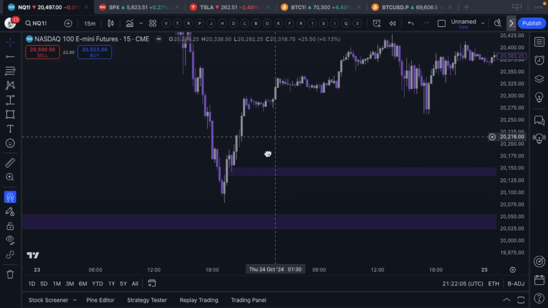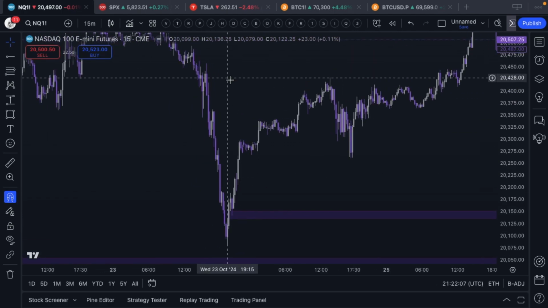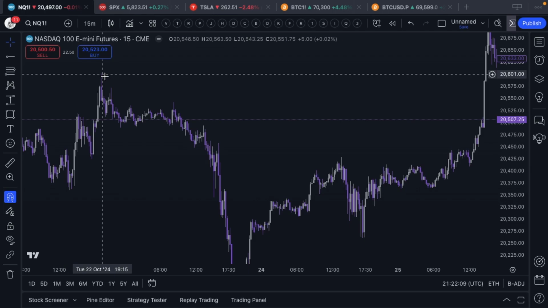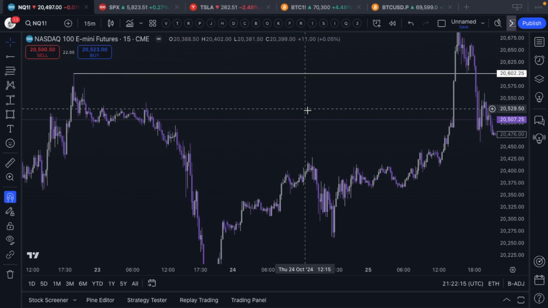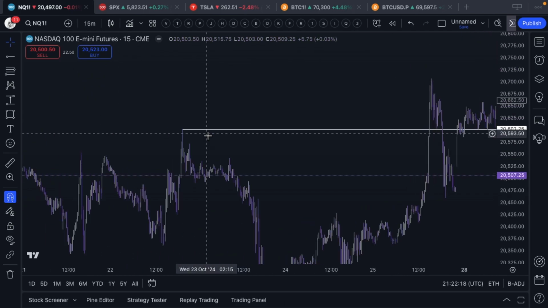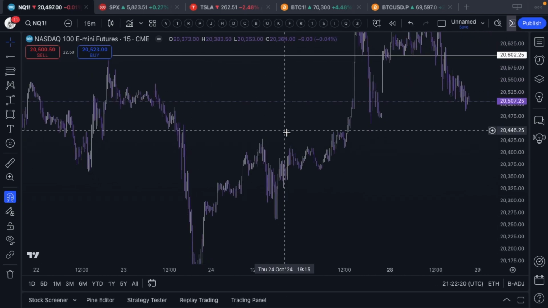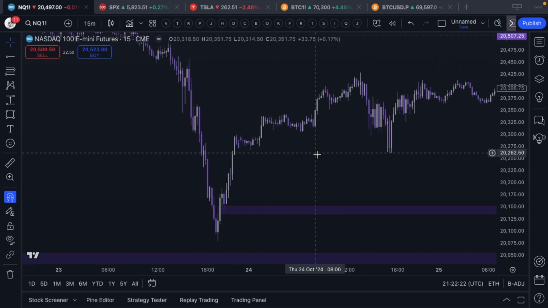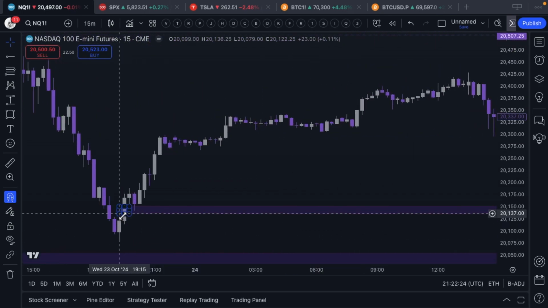And then once price starts moving nicely away from it, you can look to move your stop loss into profit, and eventually that will hit your take profit. All right, so that is how we look to trade these.